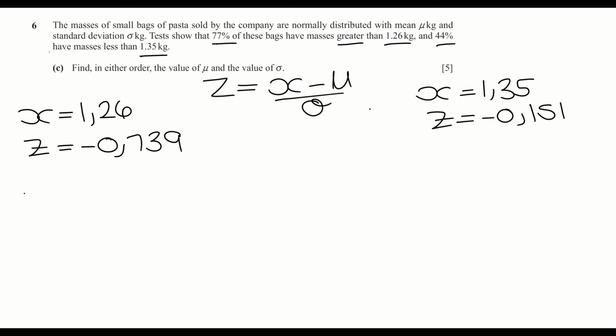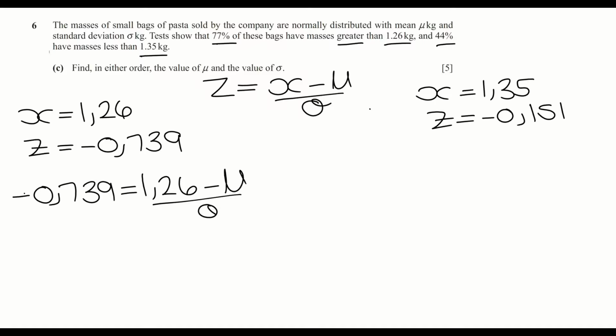So I can say that Z, negative 0,739, is equal to X 1,26 minus mu over sigma. We need to solve for sigma and mu. So let's multiply both sides by sigma.